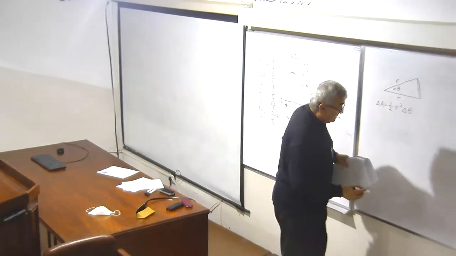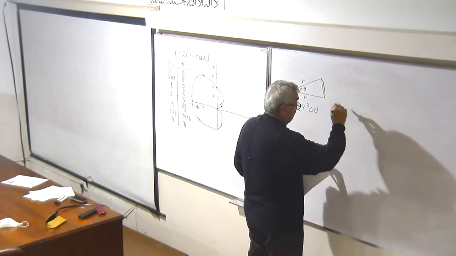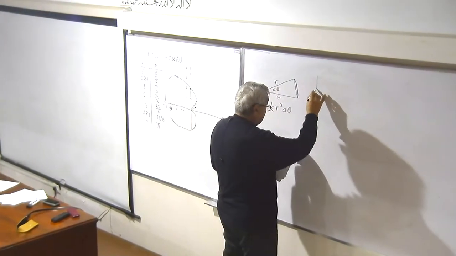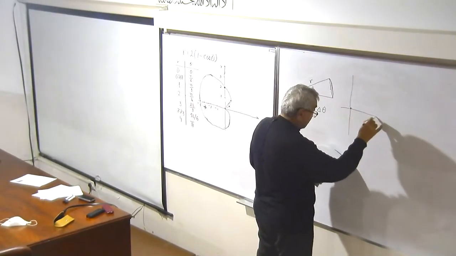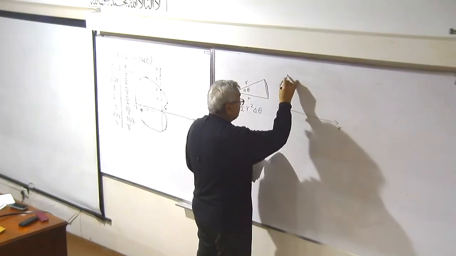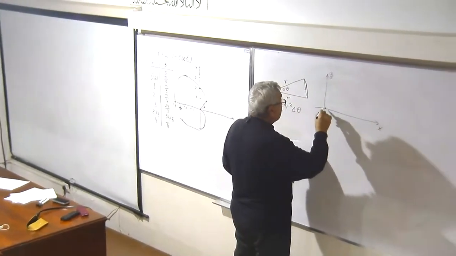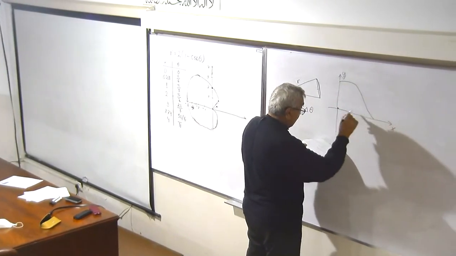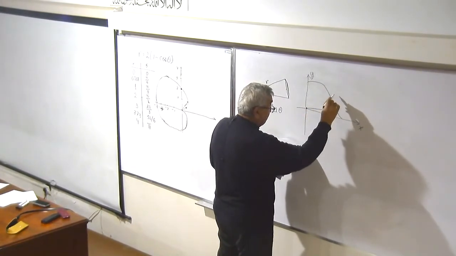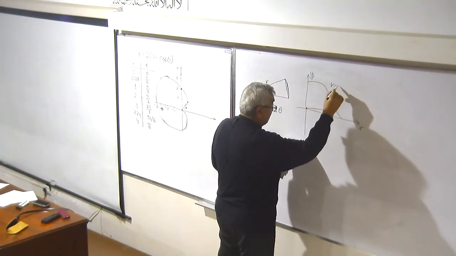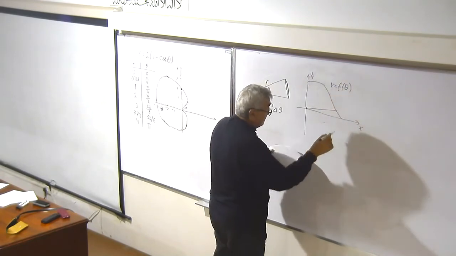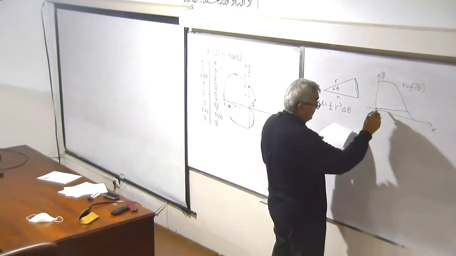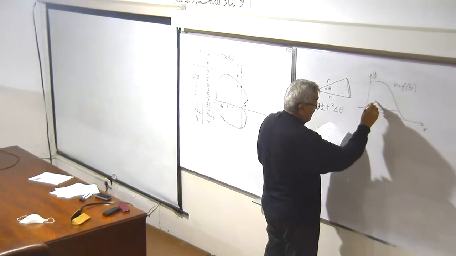That means if we have some arbitrary polar curve, here is the origin. I will take the coordinate system, here is the x, here is the y, and I will take some curve which is defined by r equal to f of theta, this curve r of theta, and I would like to find the area.